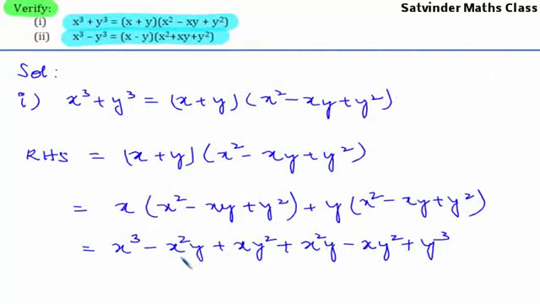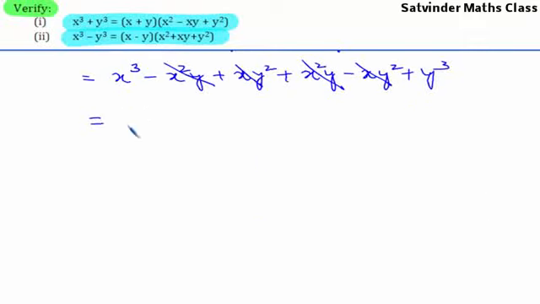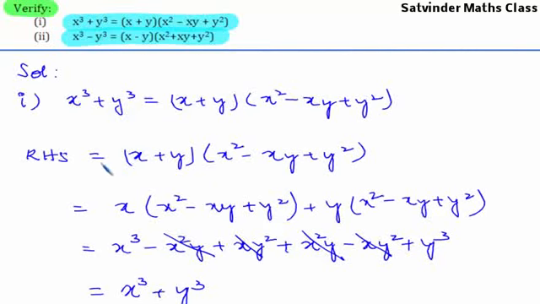Now we can cancel minus x square y plus x square y. We can cancel xy square and minus xy square. Therefore we are left with x cube plus y cube, which is nothing but the left hand side here.